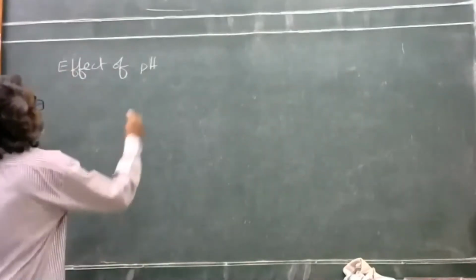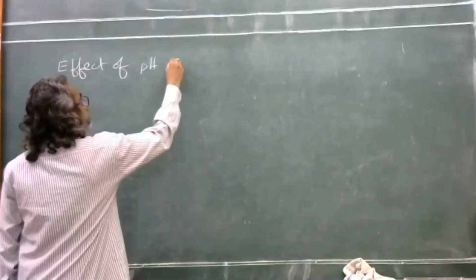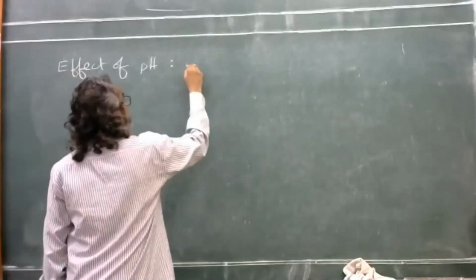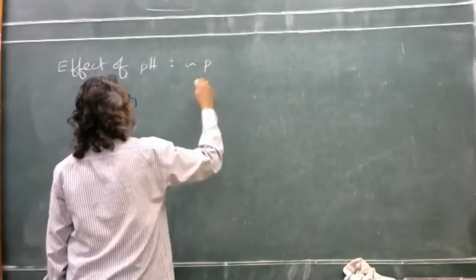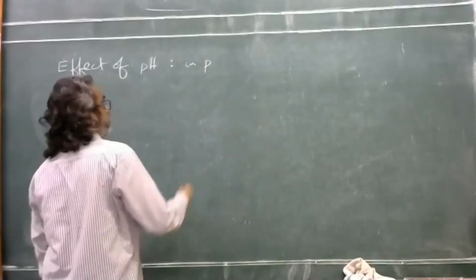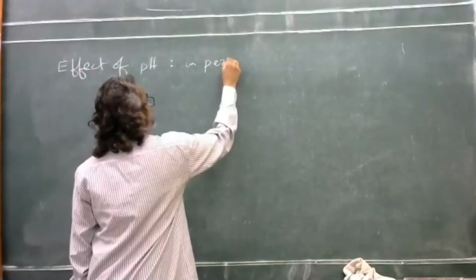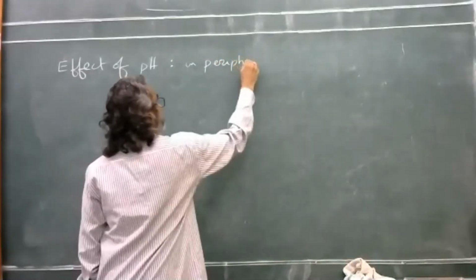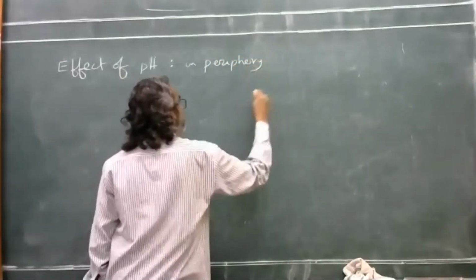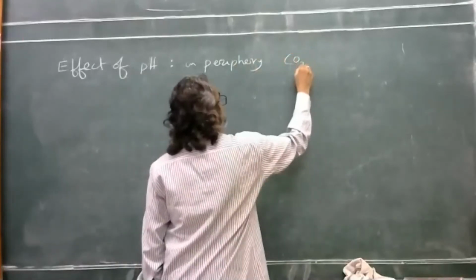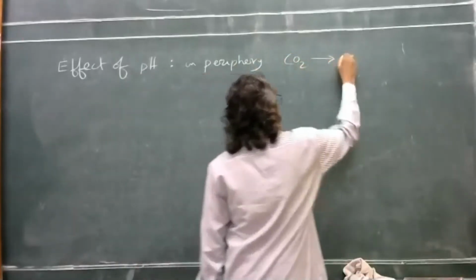Okay, so in the periphery, for example, where work is done in tissues, CO2 is converted into carbonic acid.